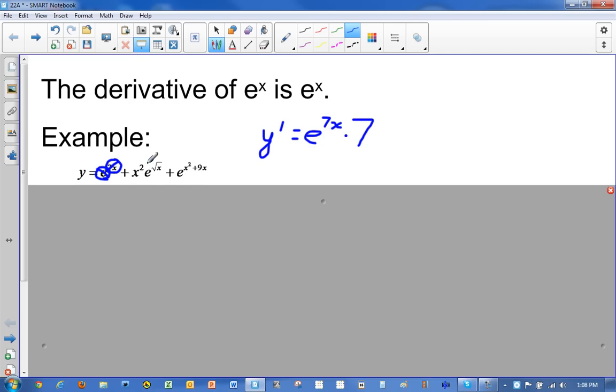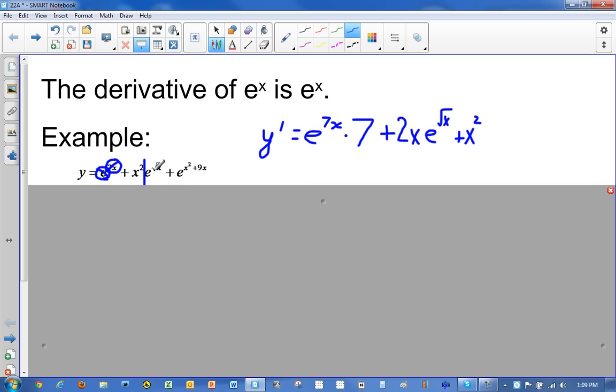In the second term, I've got a product, and in the second part of that product, I've got another chain rule: e to the x to the 1/2. So the product rule says take the derivative of the first, which is 2x, times just the second one, which is e to the root x, plus the first, which is x squared, times the derivative of the second.